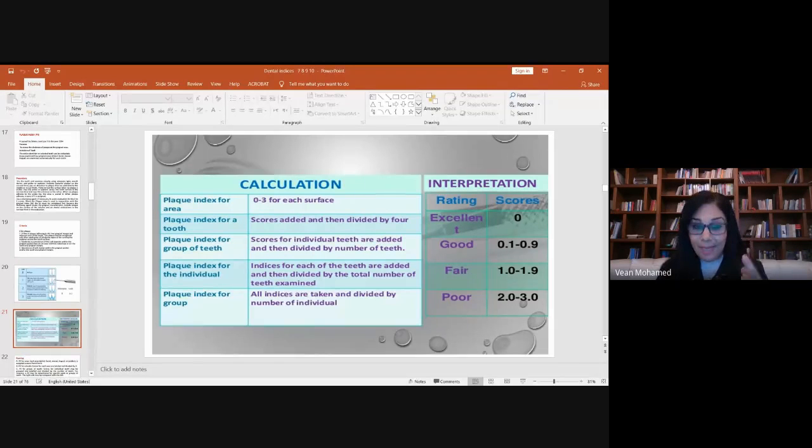Then, plaque index for a group of teeth means that this one number for each tooth is totaled together and divided again by the number of teeth in the group. If we examine 10 teeth, then the 10 numbers are totaled and divided by 10. Okay, if we examine 5 teeth, what will we do? Anyone can answer?